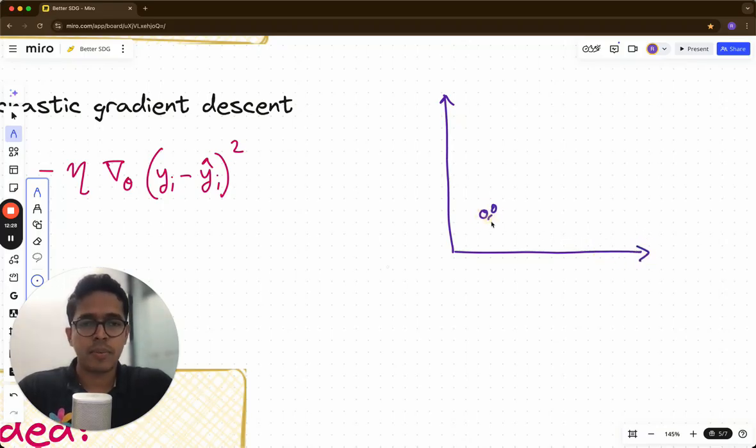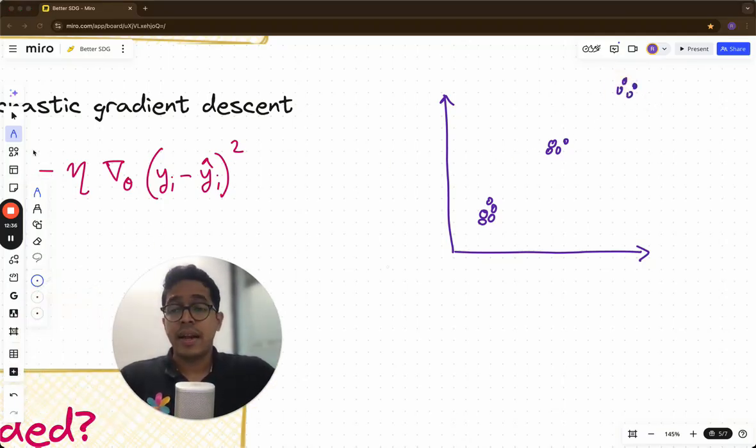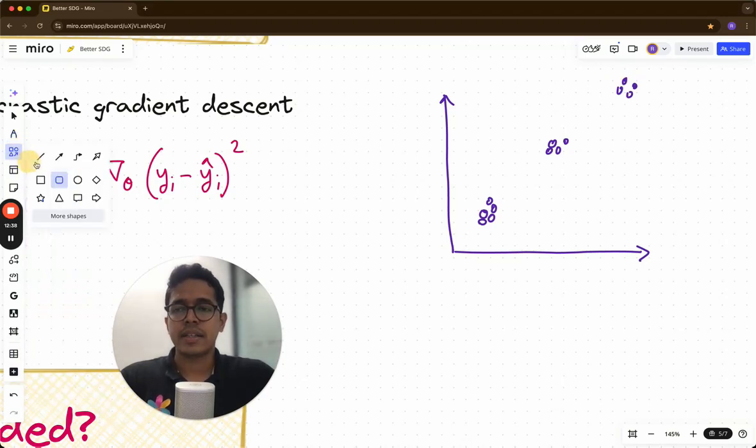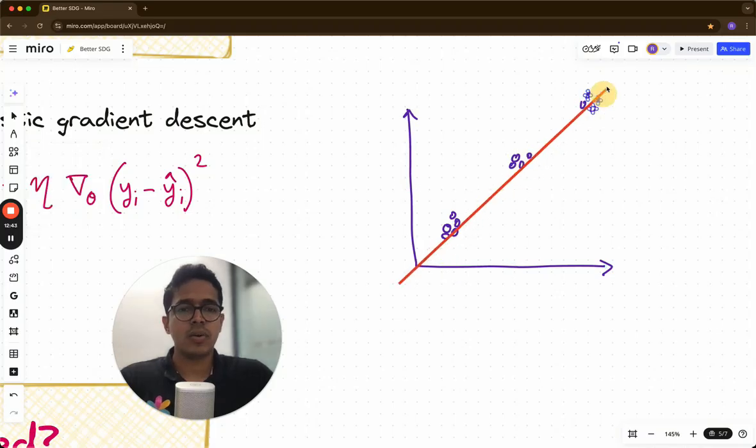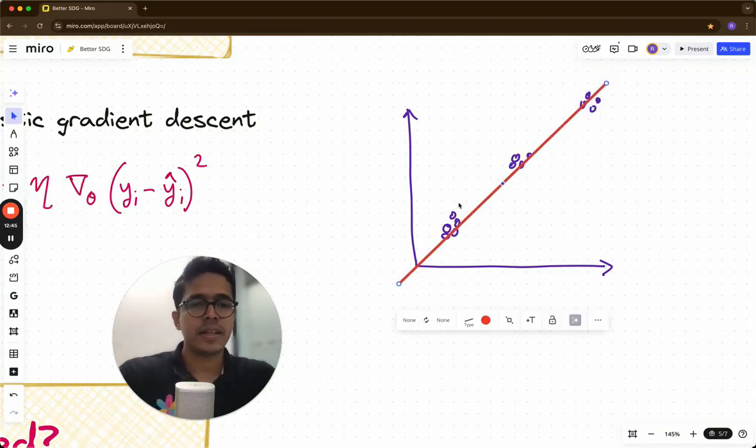You have a bunch of data points here, then a bunch of data points here, and another set of data points here. Now an ideal linear regression model, which is supposed to learn patterns from this data, will go through the data something like this.